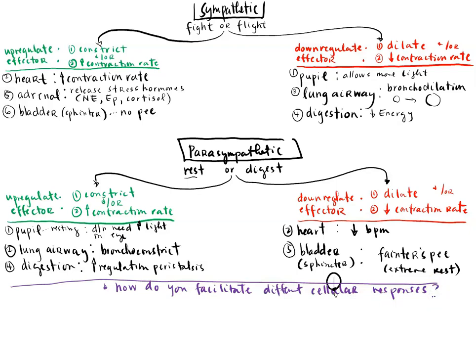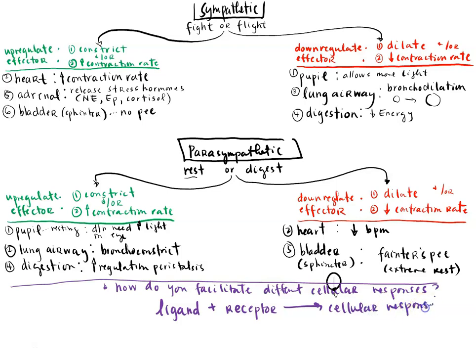Now think about it. You already know the answer. You folks have been trained in this already, okay? It goes back to our mantra. Write it down. Ligand binds to receptor. You folks know that that will lead to some type of a cellular response.